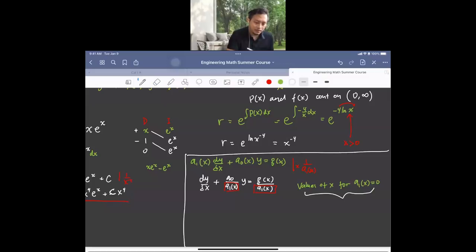It's similar to what we have in the previous singular point definitions. It makes a discontinuity. It makes the equation itself become undefined. So take care of the interval.